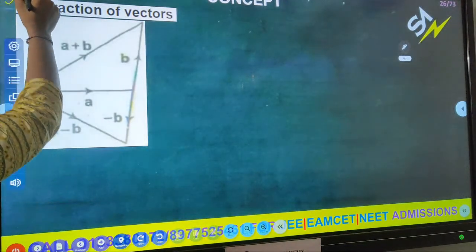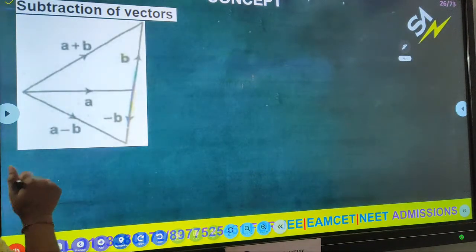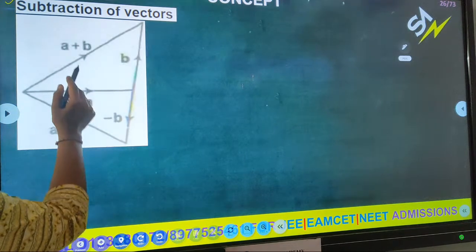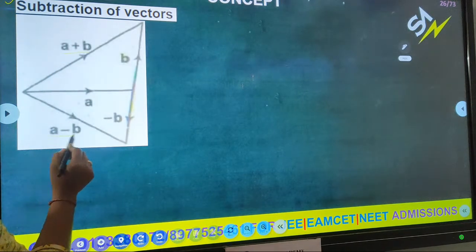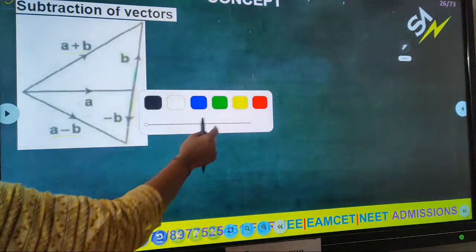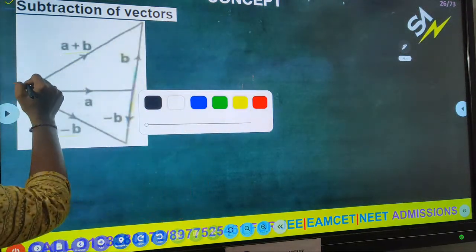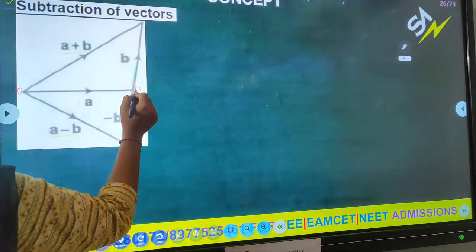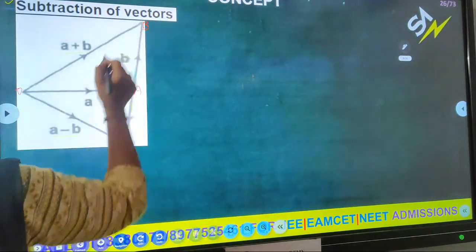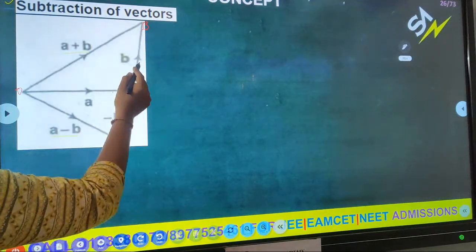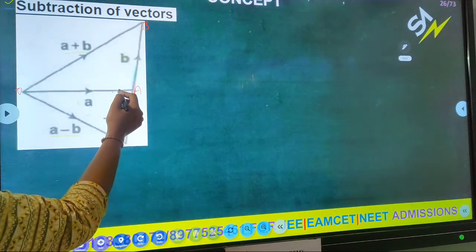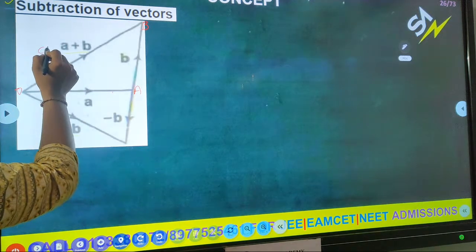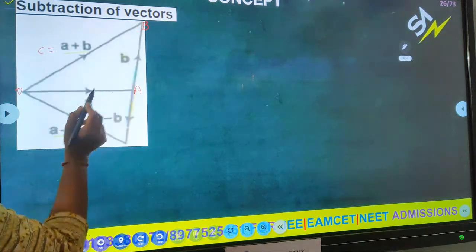Next, subtraction of vectors. Here in this diagram we can observe both vector addition and vector subtraction. A bar and B bar are the magnitudes of OA and AB vectors, representing the sides of this triangle, and the opposite side of the triangle gives the addition of these two vectors.